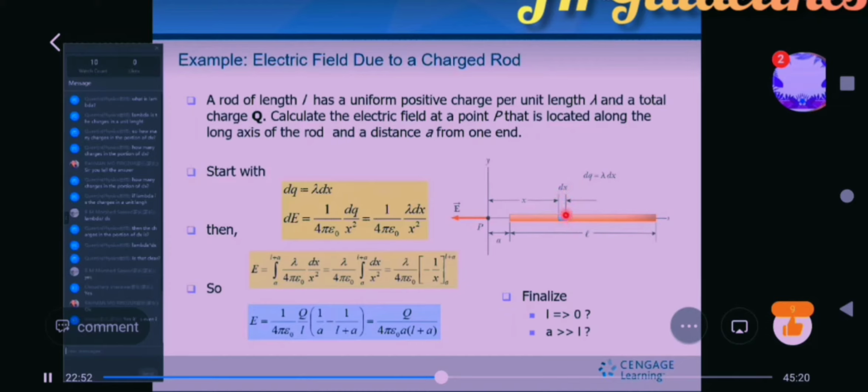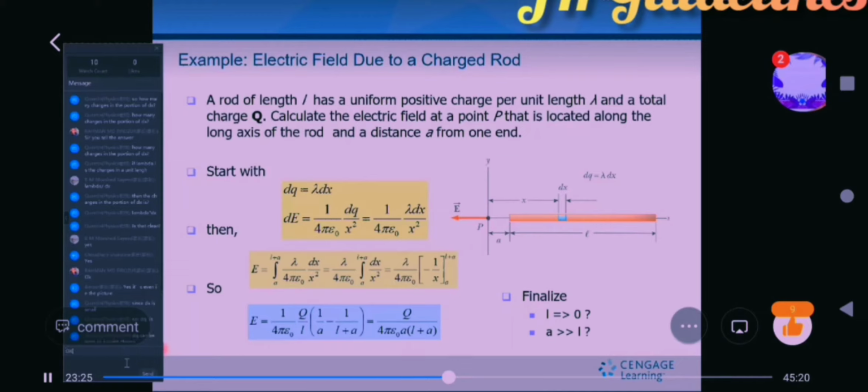Now, since this portion is so small, since dx is small, dq can be seen as a point charge.